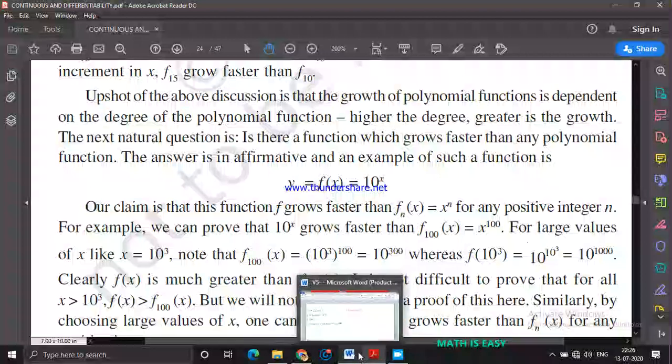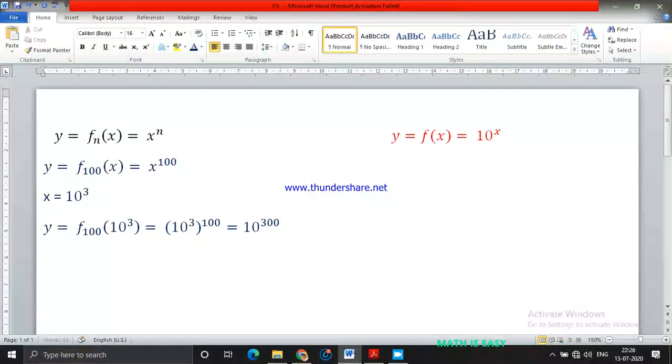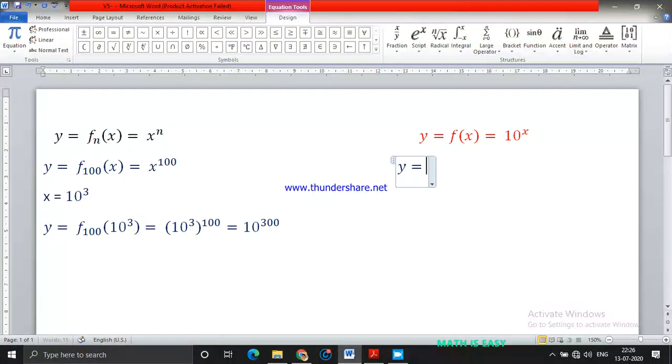Now the next thing is to talk about the function y equals f of x. I take x value as 10 cube, so y is going to be f of 10 cube.